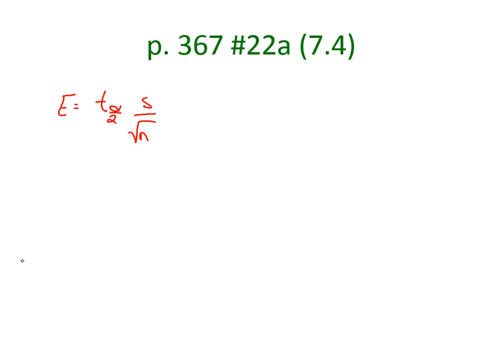So now that I'm using that part of things, what will I use for s? Well, actually, let's do the t first. What is t of alpha over 2? First of all, what is alpha?